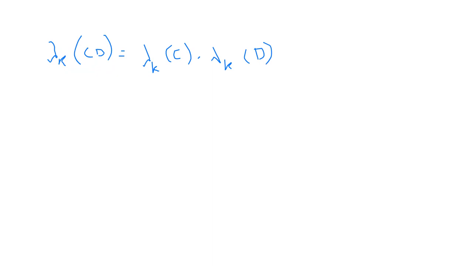In matrix form, it means that F multiplied by C times D with the cyclic convolution is F times C with the Hadamard product times F times D.